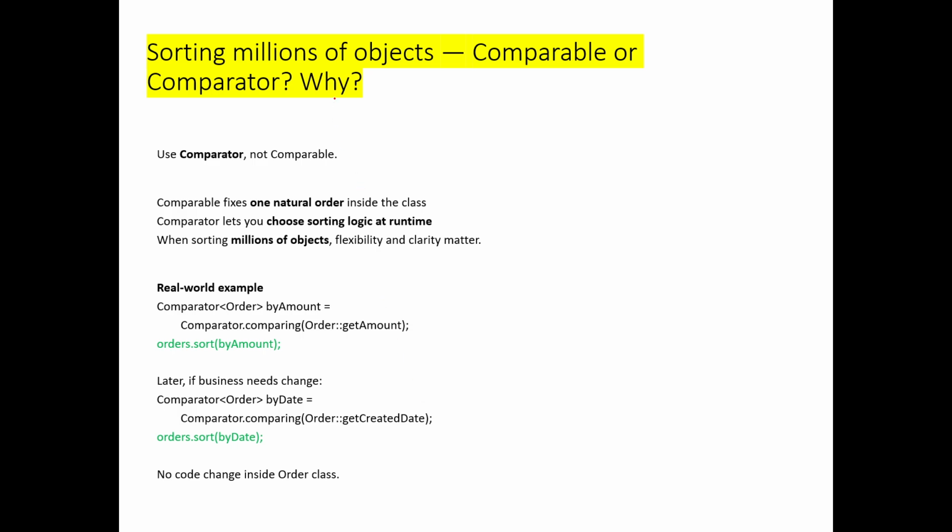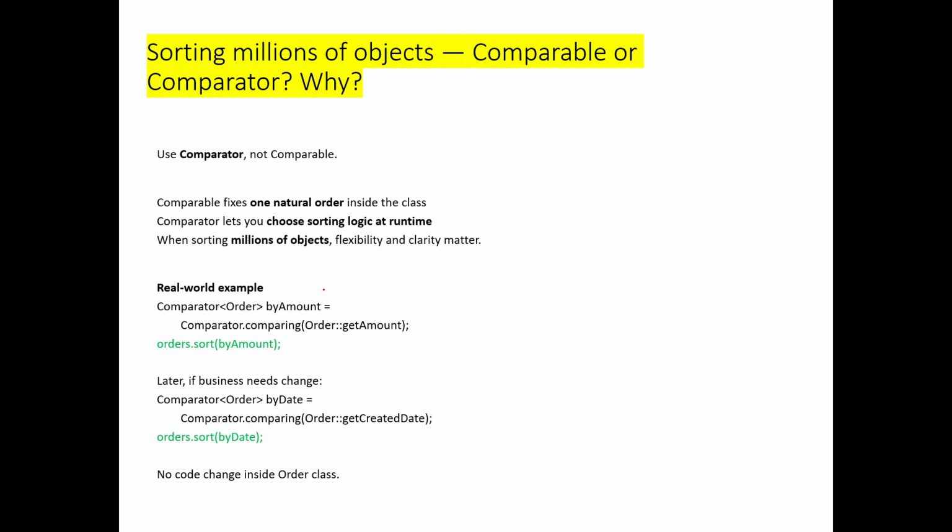Sorting millions of objects. Whenever we are sorting millions of objects, we use Comparable or Comparator. We will use Comparator instead of Comparable, because in reality, for example, we have a list of order objects, millions of order objects, and we want to sort based on amount or based on creation time. So we want to do multiple sorts like this.